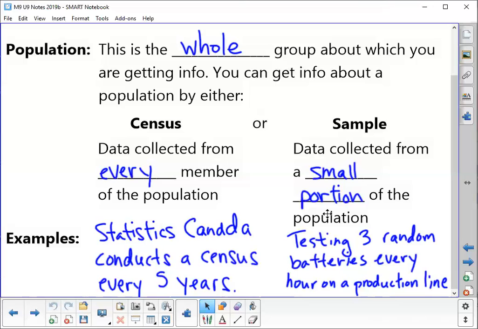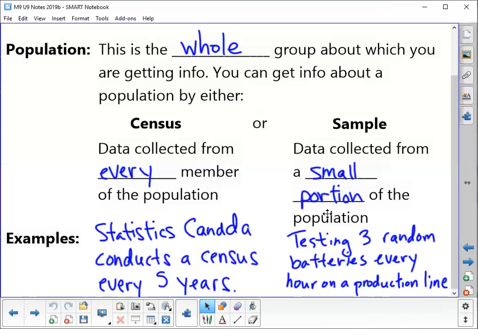So instead of doing a census, you can do it from a portion or use a sample. And this is what the vast majority of surveys or experiments do. So, for example, testing 3 random batteries every hour on a production line.